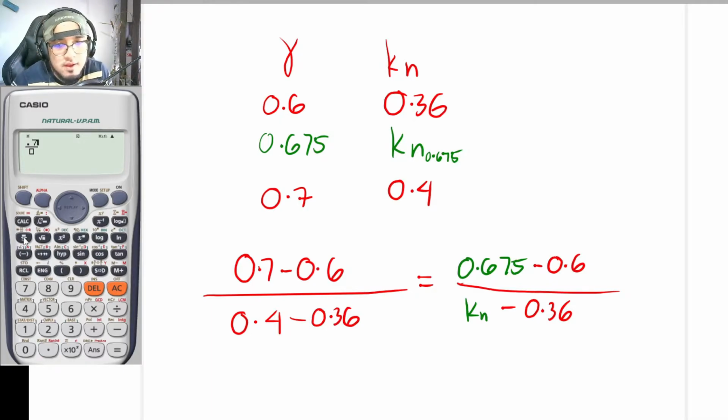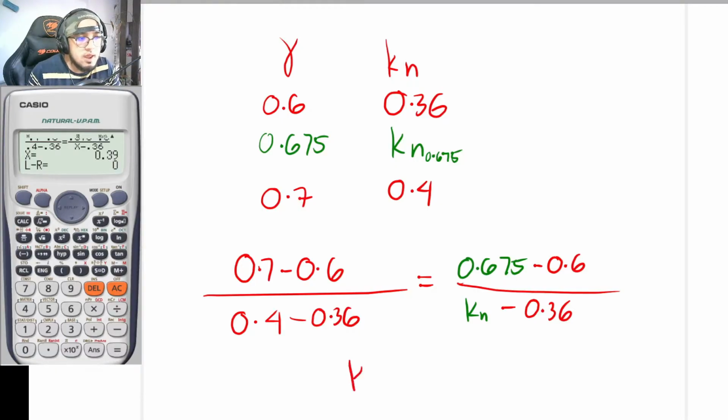So, 0.7 minus 0.6 divided by 0.4 minus 0.36 is equal to 0.675 minus 0.6 divided by x minus 0.36. Is that right? Okay, shift solve, and my answer here is 0.39. So, Kn is now to be equal to 0.39.